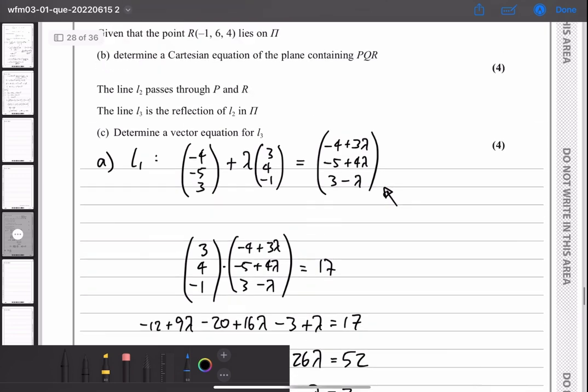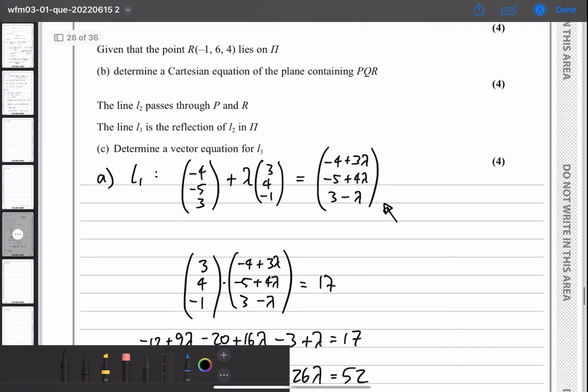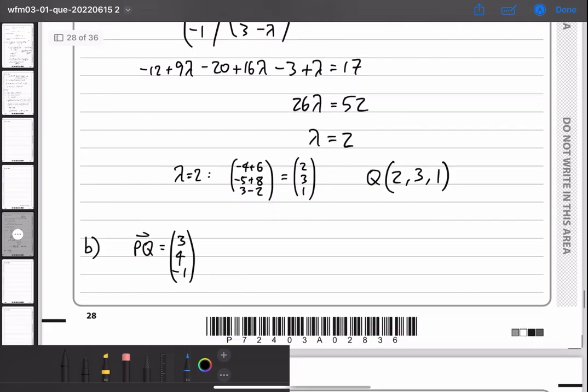And we need a second one. We've got R, let's say Q to R, (minus 1, 6, 4). And Q we've just got is (2, 3, 1).